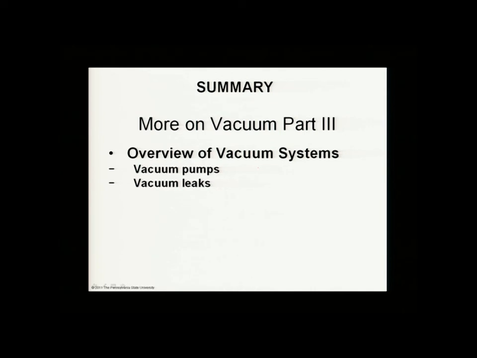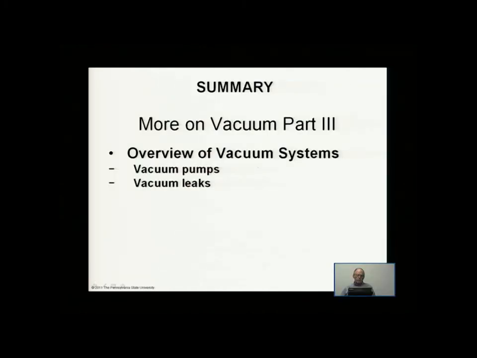And what we covered in this lecture was an overview of vacuum pumps, looking at the different types. We looked at mechanical pumps. We looked at diffusion pumps. We looked at cryo pumps. We looked at turbo pumps. We looked at titanium sublimation pumps, just as examples of pumping systems, but those are the most common.